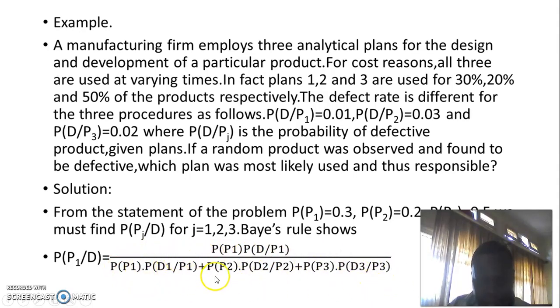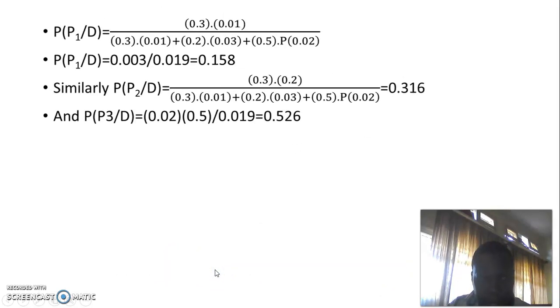Hence, the probability of P1 given that it is defective, when you substitute into this part, you get 0.158.